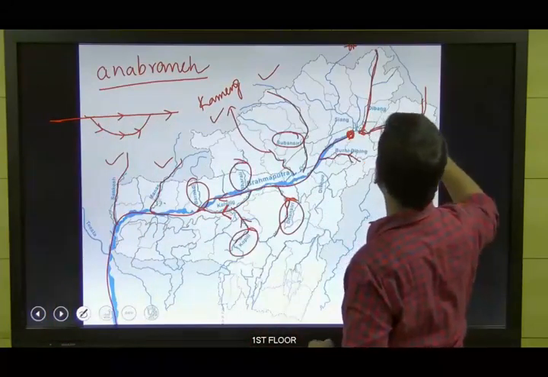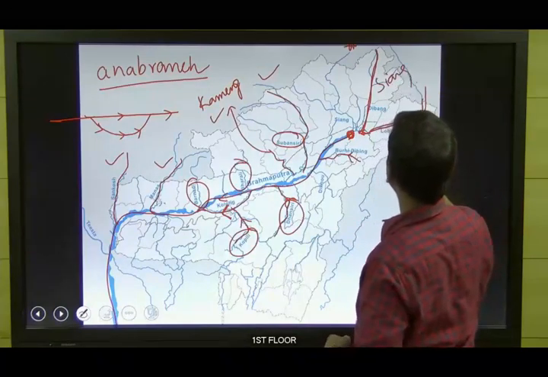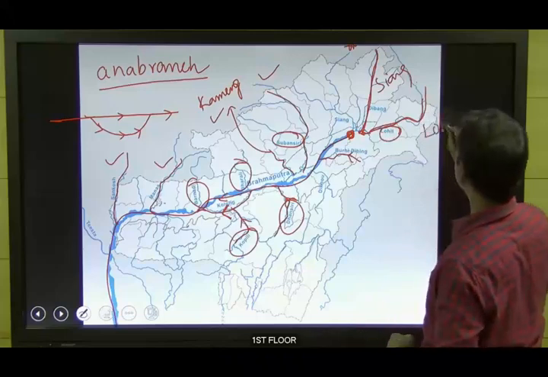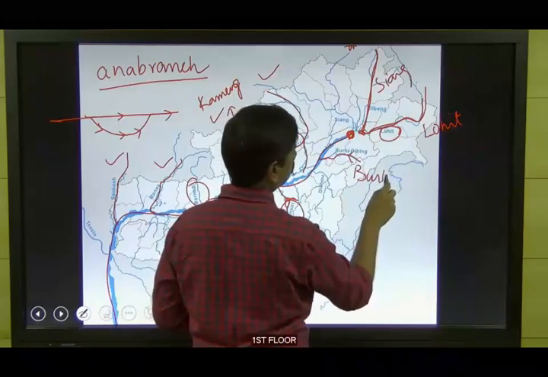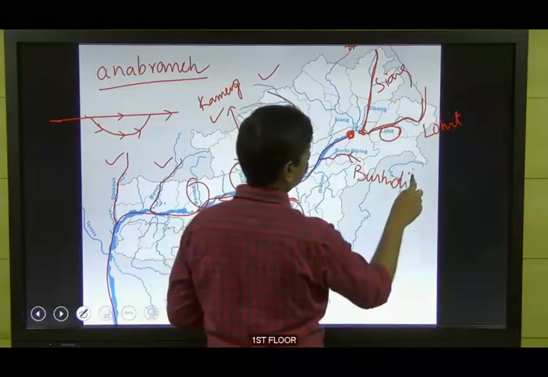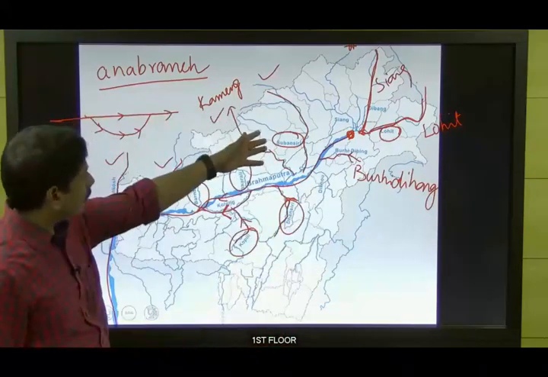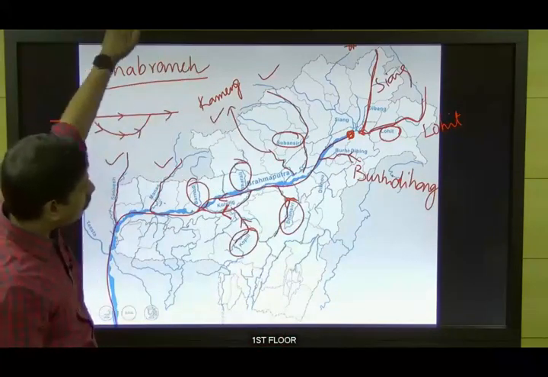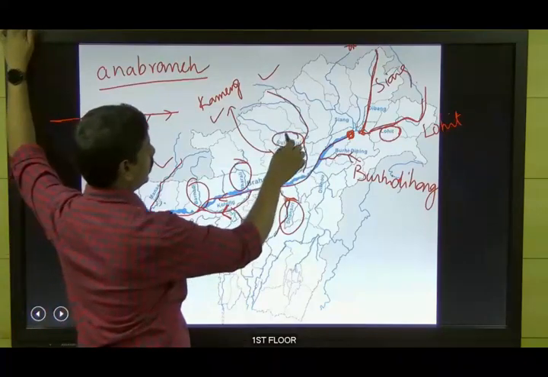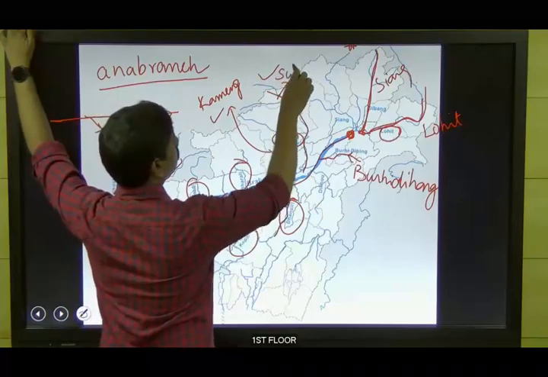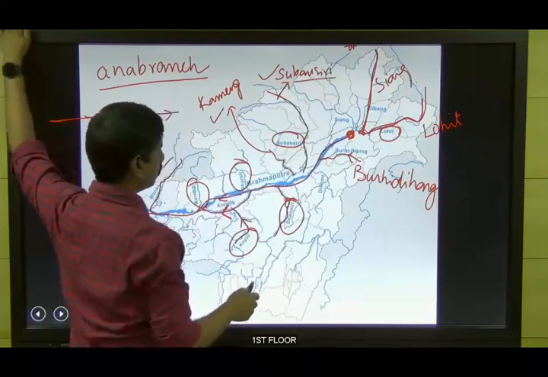This is the Siang or Dihang which is coming. The Lohit. This is Burhi Dihang. You can search in Google Brahmaputra river. I have taken from net only. You will get the same map also. Okay. Don't worry. This is Subansri. Nothing big. Okay. Subansri.